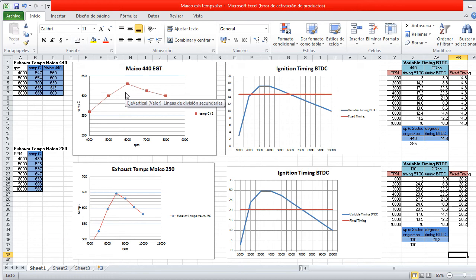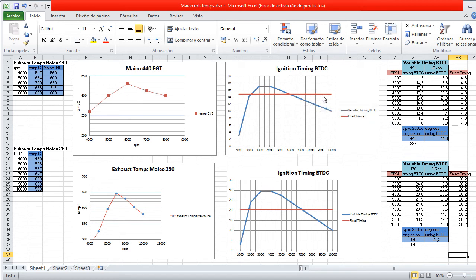So when you have a fixed timing, it's going to peak out at a certain RPM, probably about 3/4 of the very top RPM. And it does that because this little cross right here is at the RPM where the fixed timing is just right, and that corresponds to that peak RPM. Beyond that it's going to be too advanced. This is where it should be, retarding more and more with more RPM, but it's not.